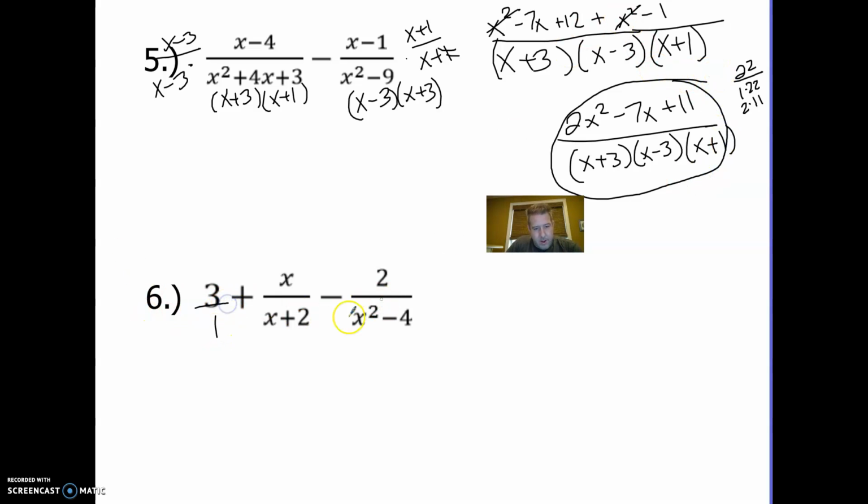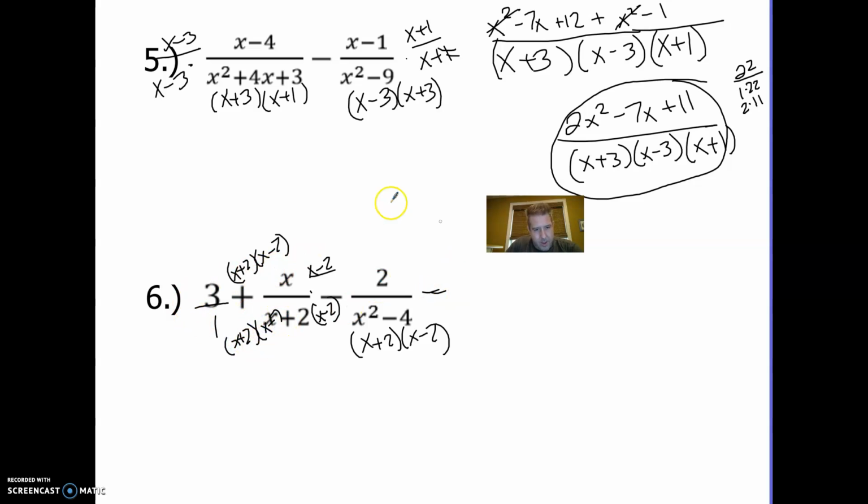All right, last one, common denominator. So this is x plus 2 times x minus 2. So I have to multiply this by x minus 2. And this has to be multiplied by x plus 2 times x minus 2.